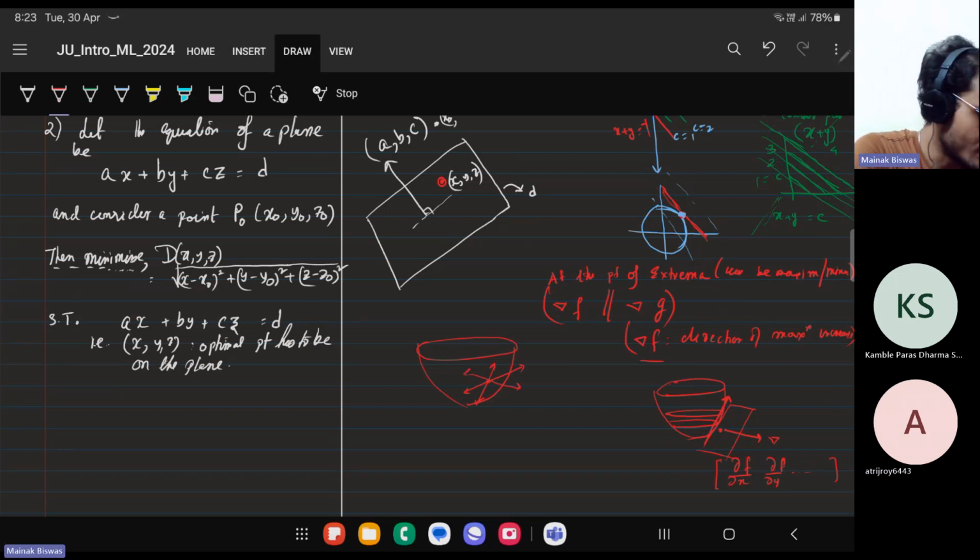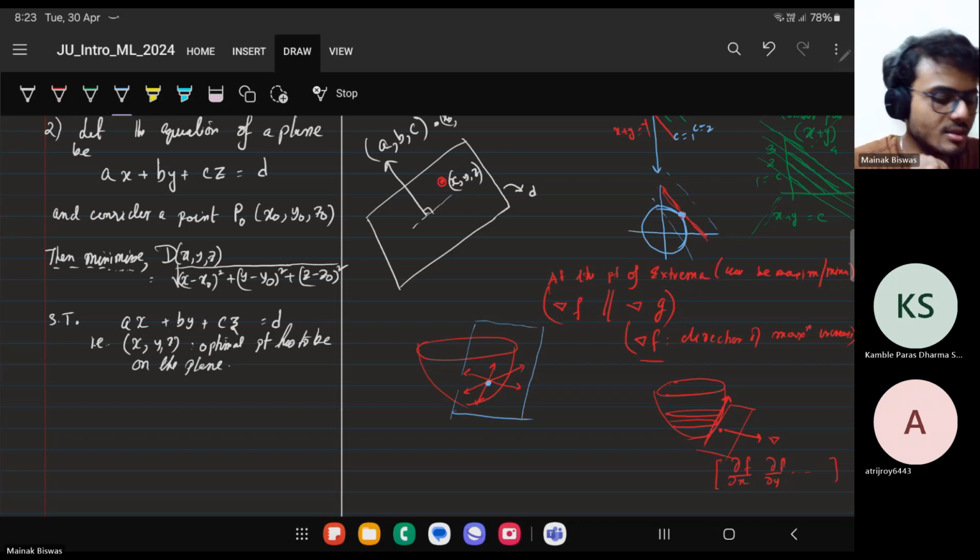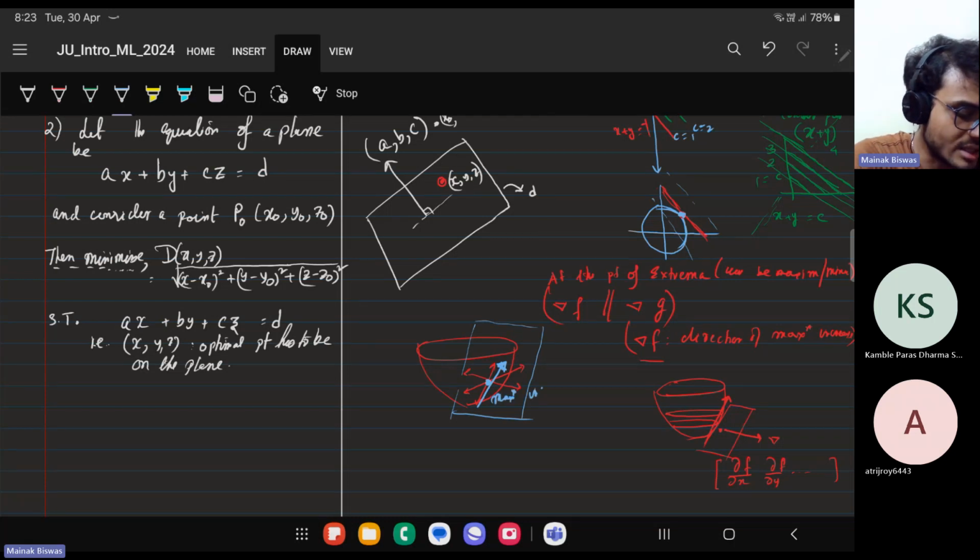So there will be a plane that will contain all these vectors. Correct? Yes. And there will be one direction along which maximum increase will happen. That is, x increases, y increases maximally in this direction.